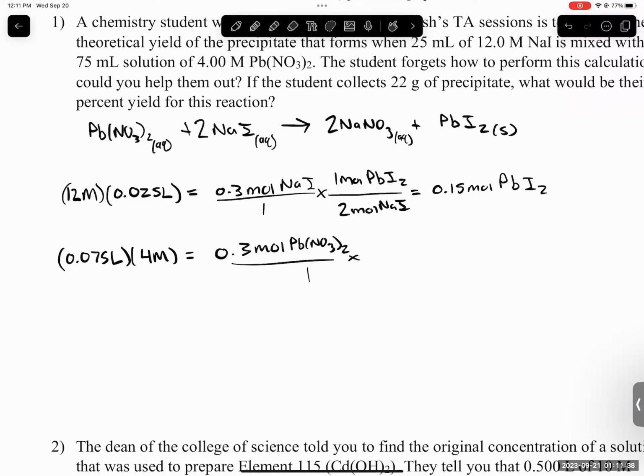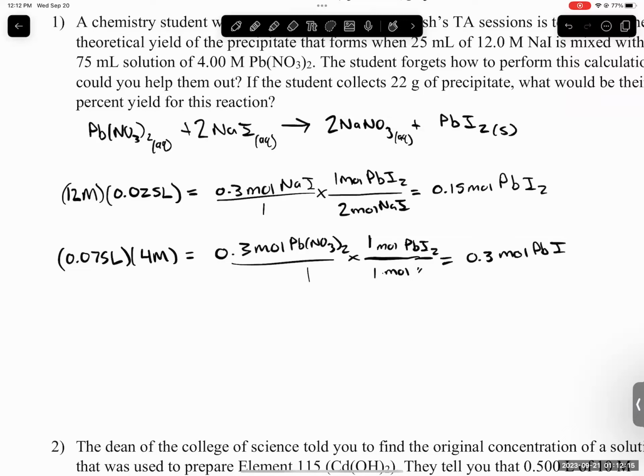We use our mole to mole ratio, and in this case that is 1 to 2, 2 moles PbI2. So this gives me 0.6. Yeah, you're right, it's 1 to 1. I'm sorry, looking at the wrong reaction. So this gives me 0.3 moles. Good catch, guys. Moles of precipitate as well.